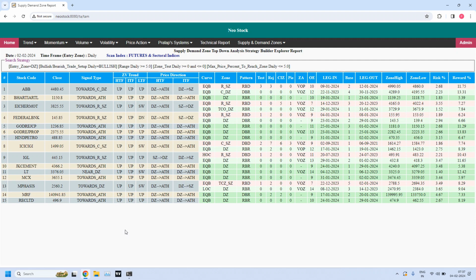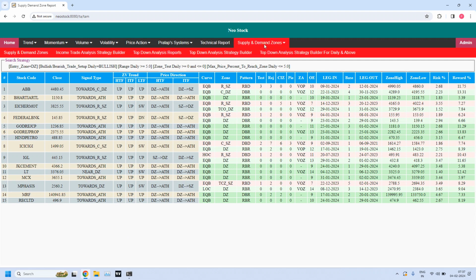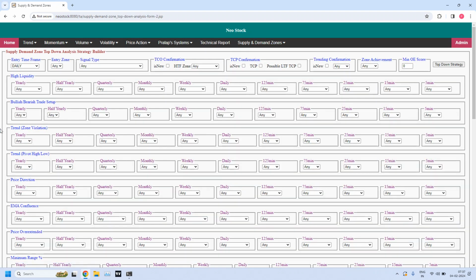Now let us look into the bearish trade setup. In the bearish trade setup, you mostly find fewer stocks. The reason is that most of the stocks are now at all-time high, so it is difficult to identify short trades. Our entry time frame is daily and the entry zone should be a supply zone this time.